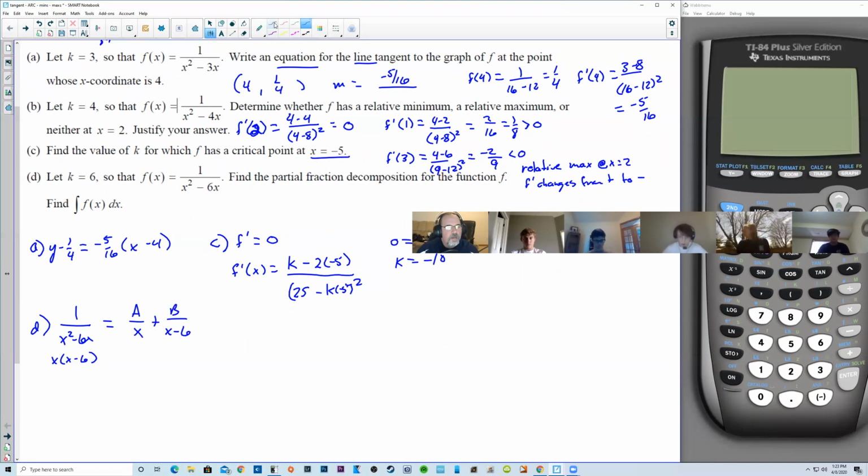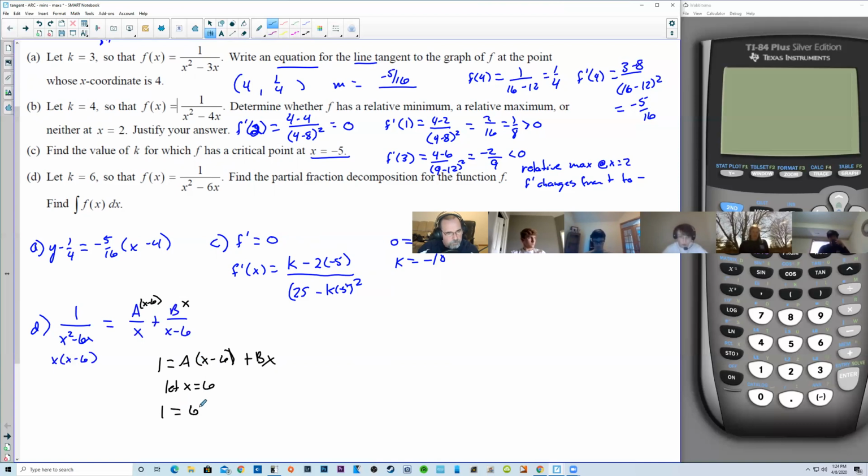Well, now I have to get common denominators. So we're going to multiply this by x minus 6 on the top and the bottom, and this by x on the top and the bottom, and then we would have all the same denominators. 1 is equal to a times x minus 6, plus bx. Now we're going to let x equal 6. We're going to make this factor 0.